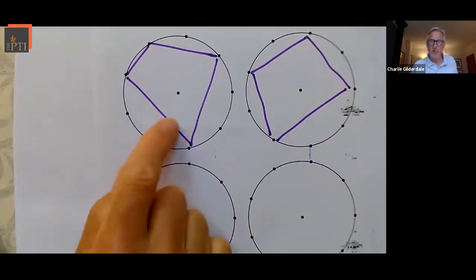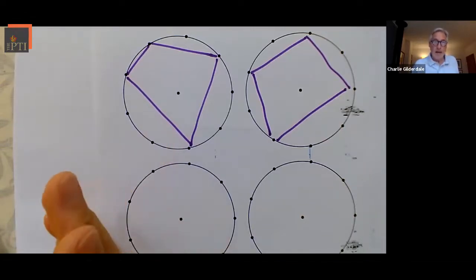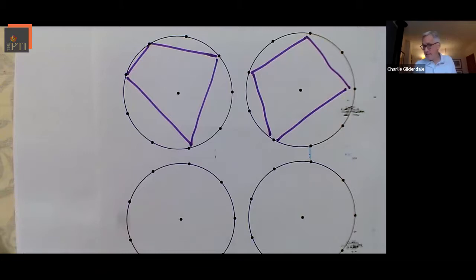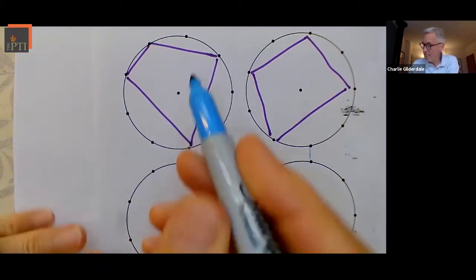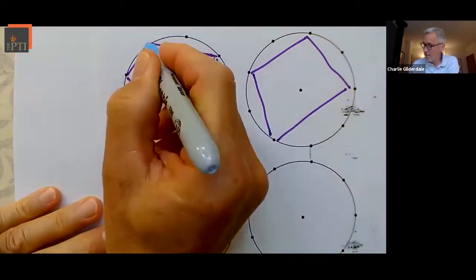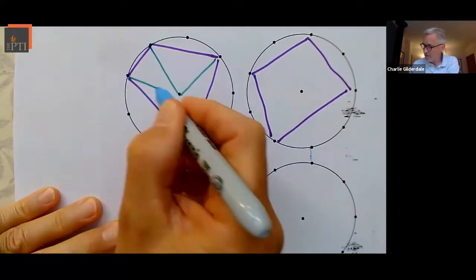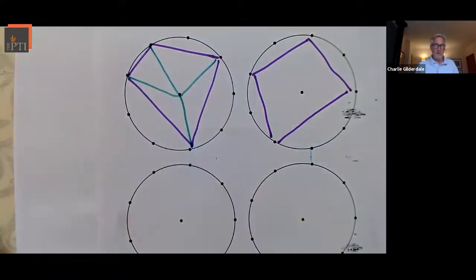So I'm just going to focus on one, and once they've done this, I would ask them to split their quadrilateral into triangles by joining the center of the circle to each of the 4 vertices, and to then work out the angles of the quadrilaterals by first of all working out the angles of their triangles.